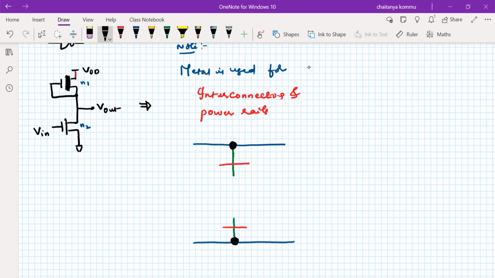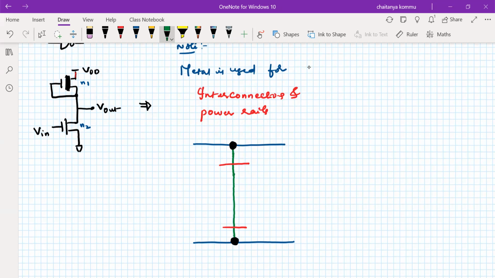According to the circuit diagram, this top diffusion is connected to this diffusion. Between these two, we can use metal, or we can directly extend the diffusion, because both are the same material. Therefore, I can simply extend this diffusion towards this diffusion.